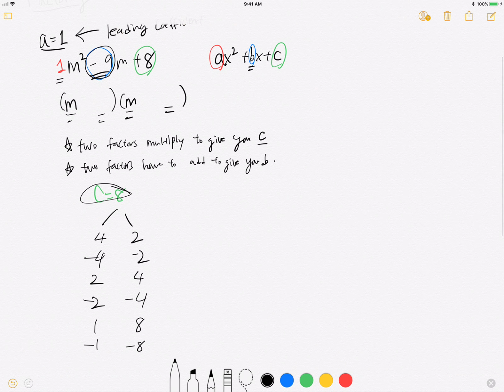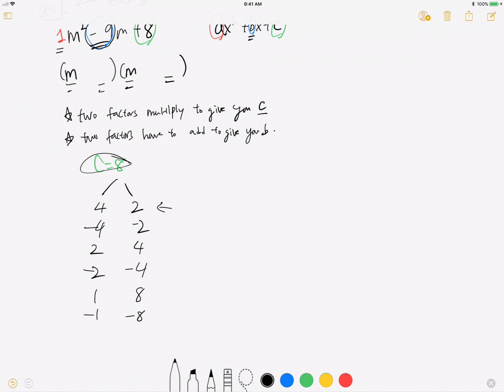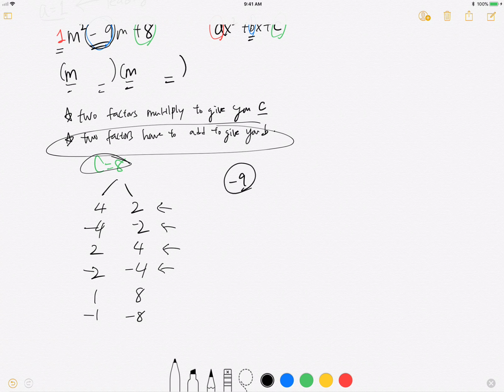The way to solve for which one is going to be possible is by looking at the second category. Two factors have to add to give you b. The only values that will add to give you negative 9, which is your b value here, would be negative 1 and negative 8.